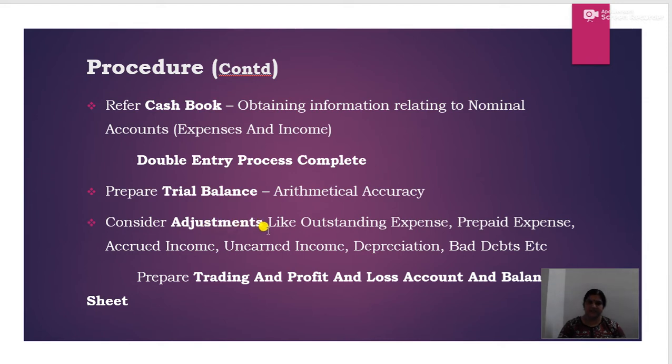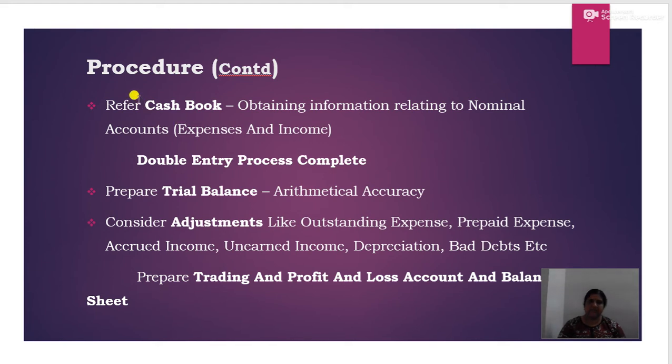The adjustments include outstanding expense, prepaid expense, accrued income, unearned income, depreciation, bad debts, etc. These are some examples of adjustments. So by taking into consideration the information available in the trial balance and the information relating to adjustments, you can prepare the final accounts, that is trading and profit and loss account and balance sheet.